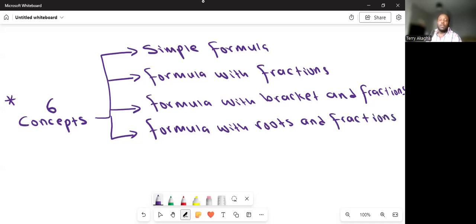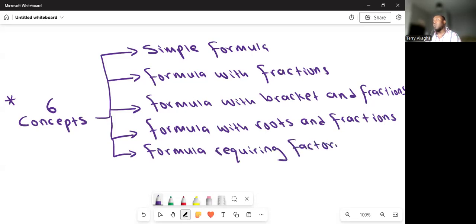Then the next one I'm going to talk about is formula requiring factorizing first. In some cases, before you solve, you have to factorize.